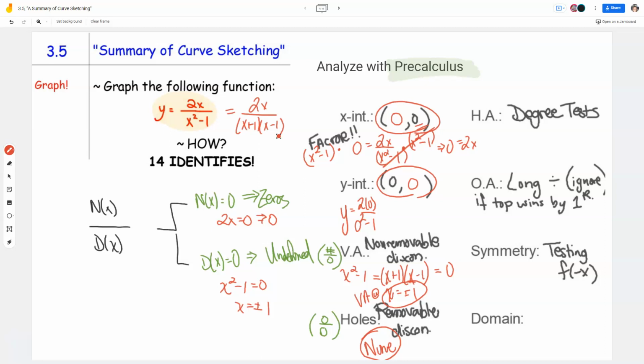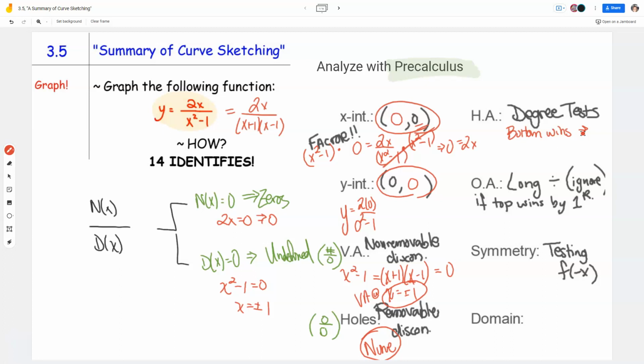Degree tests say, look at your function, take a limit as you go to infinity or negative infinity, and ask yourself which one wins, top or bottom. And if the bottom wins, what do we say? If the bottom wins, it's getting closer and closer to 0 at the infinities.